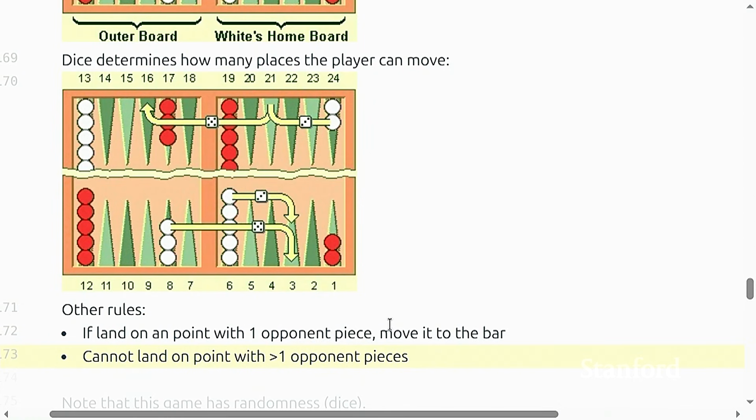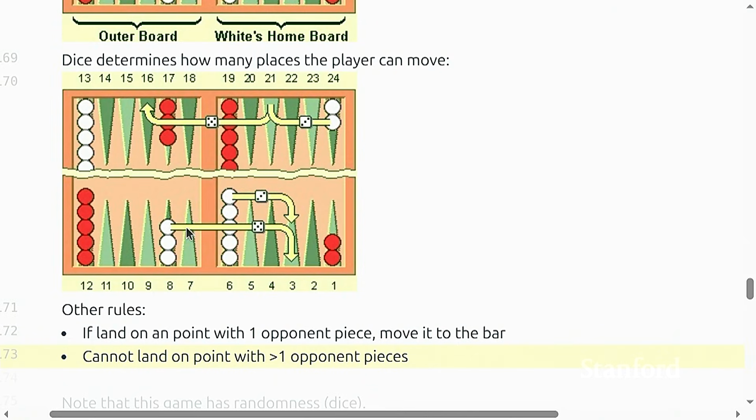So generally the strategy is that you're trying to put your pieces in tall stacks so that they're safe from your opponents. But at the same time, you have to move everyone across. So this is probably a better move because this allows you to have two, so you don't have any exposed singletons, essentially. Okay, so I'm not sure if there might be another rule, but that's basically the gist.